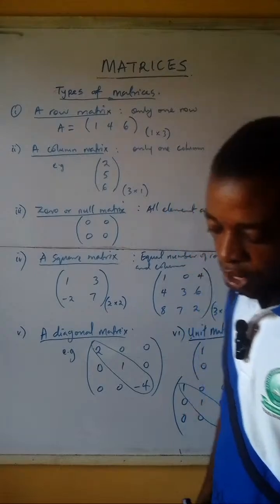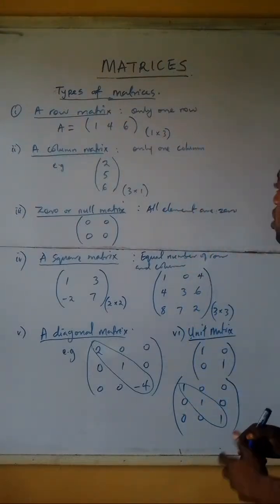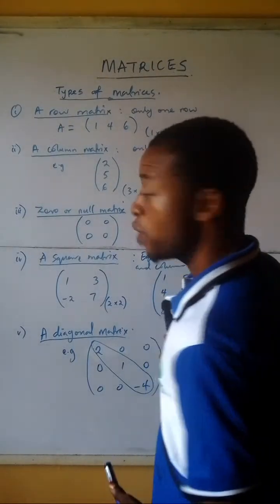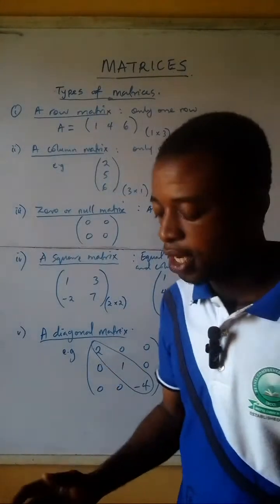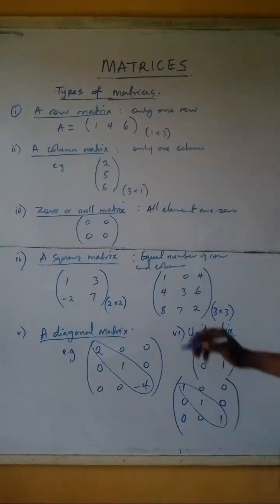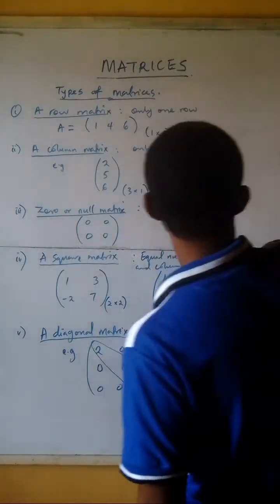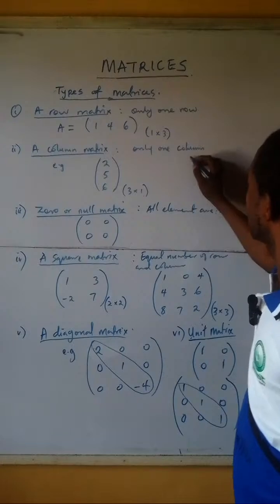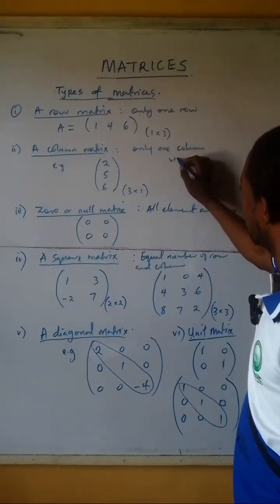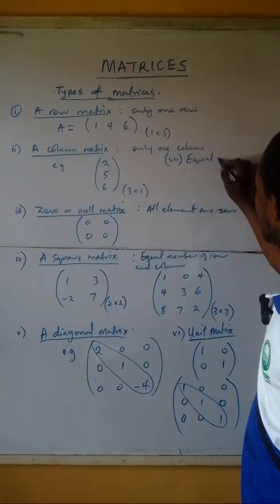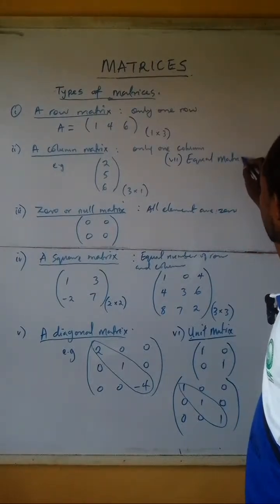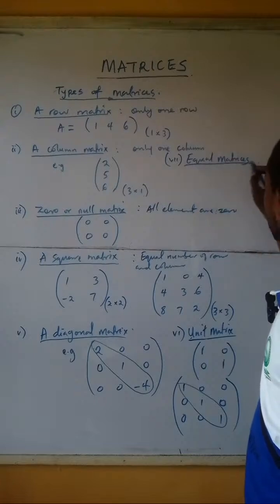And lastly, we have what is called equal matrices, number 7. When two matrices are equal, their corresponding elements are equal.